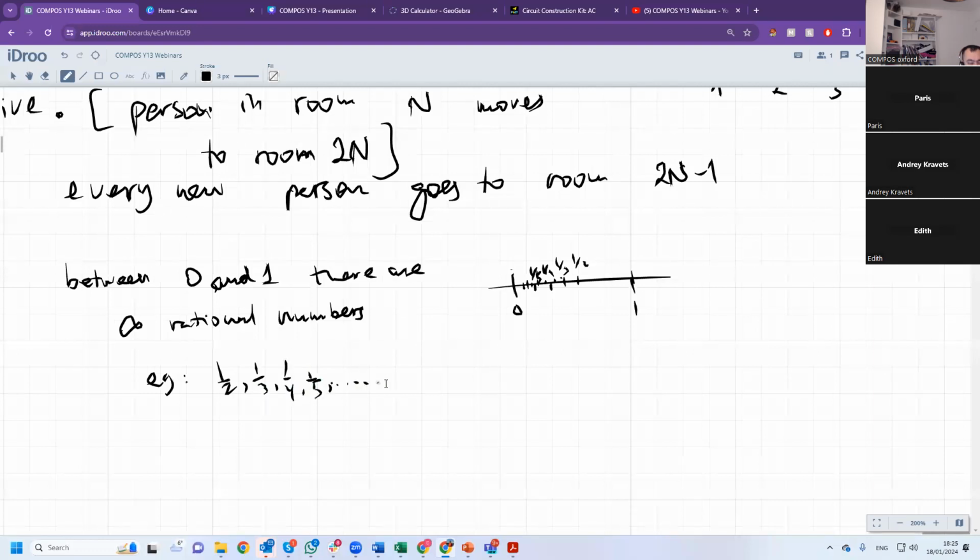The list goes on, and all of these numbers are between 0 and 1, and there's infinity of them. Infinity and infinitesimal, yes. And there's an infinite number of rational numbers between 0 and 1.